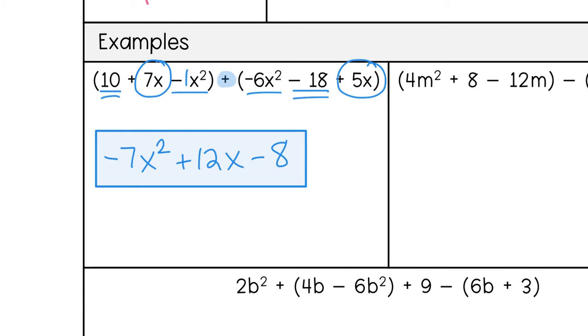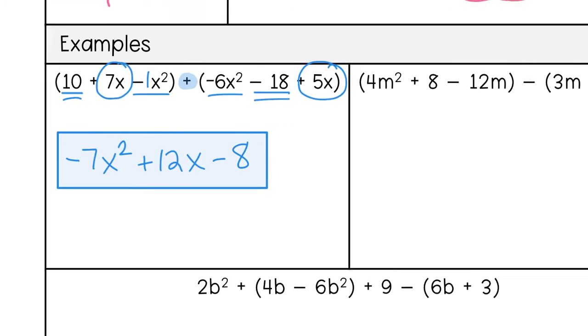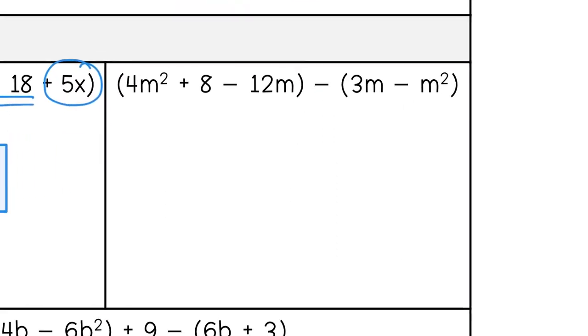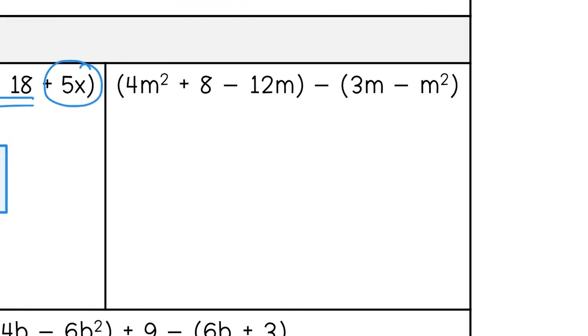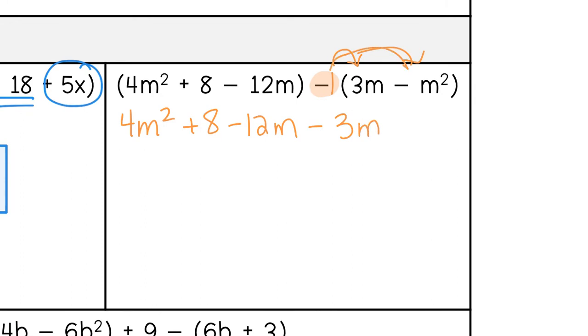Okay, our next one. I have 4m to the second power plus 8 minus 12m, minus, so notice this time it's a minus sign, 3m minus m squared. So whenever it's minus, the first thing you need to do is distribute that into the parentheses. So it's kind of like multiplying by negative 1. This first one is going to stay the same, but that second one will become minus 3m, and in here, negative times a negative makes this positive m squared.